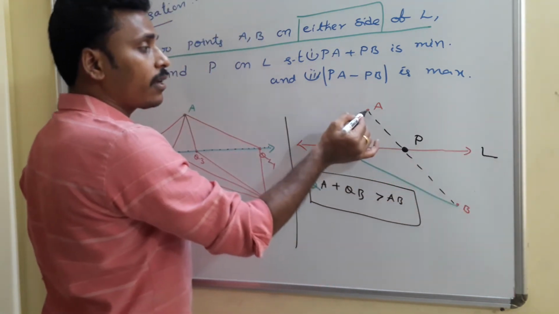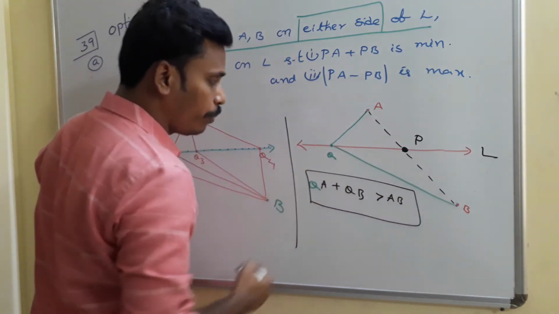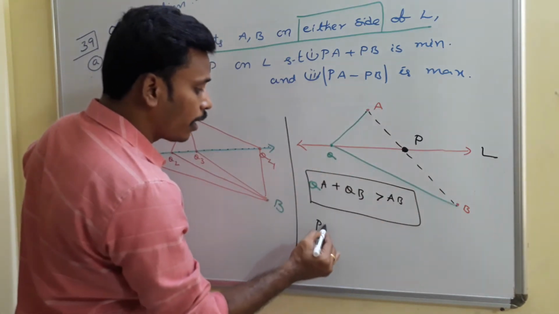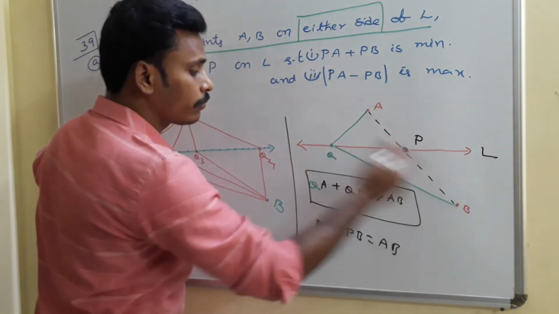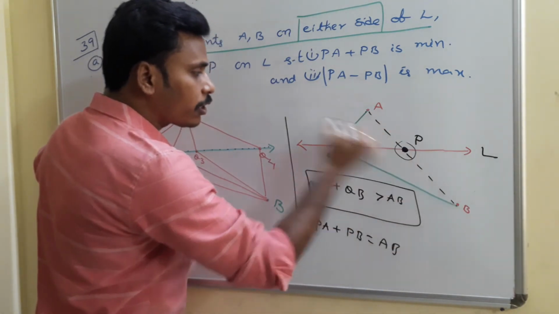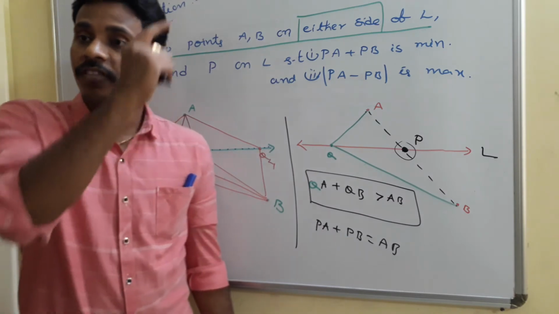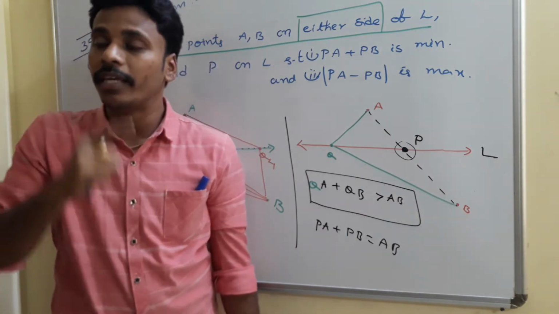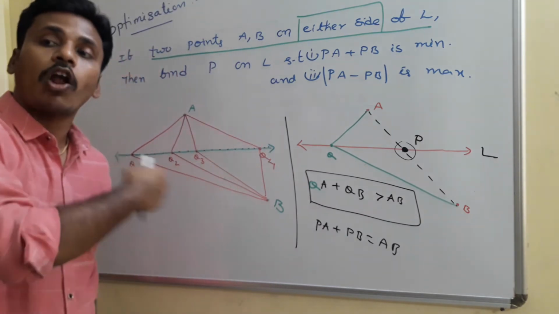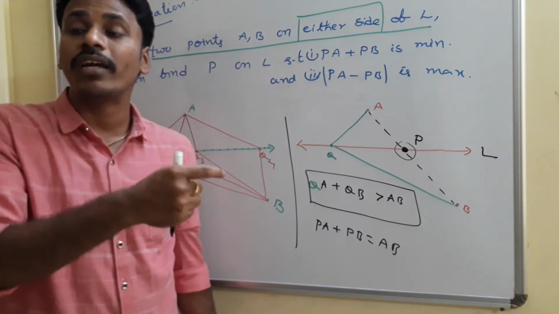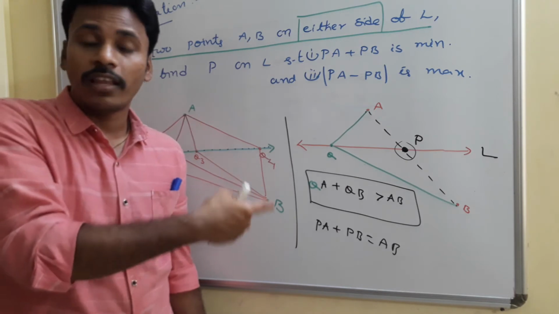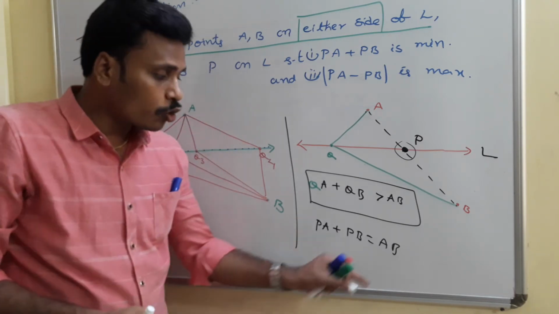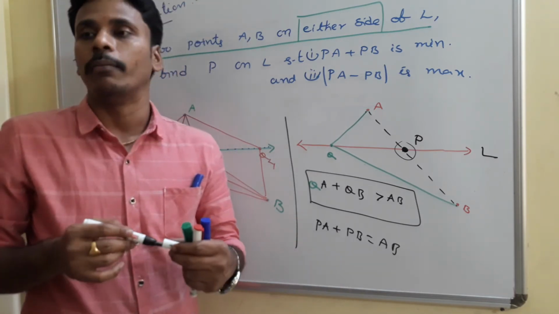If you join it to A and to B, then PA plus PB is equal to AB. So only for this point P is the sum of PA and PB equal to AB, and for all the other points the sum of the distances is more than AB. In all those cases it is more than AB, in one case it equals AB, so that equal-to-AB case is the minimum.